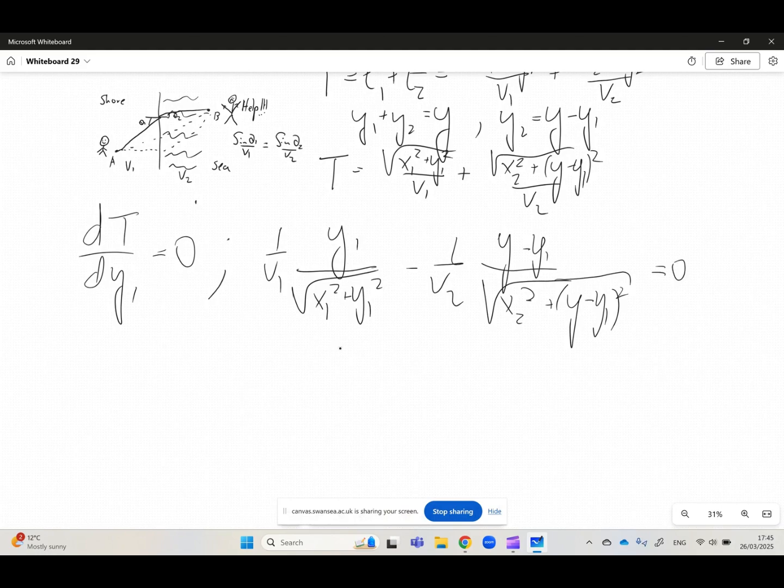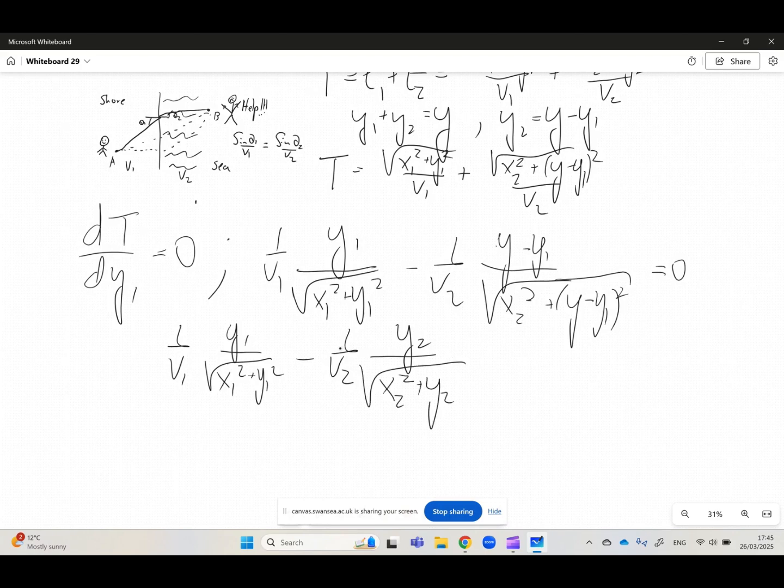So what we have is 1 over v1 times y1 over square root of x1 squared plus y1 squared, minus 1 over v2 times y2 over square root of x2 squared plus y2 squared, because y minus y1 is y2, equals 0.